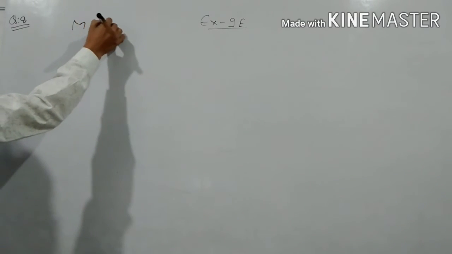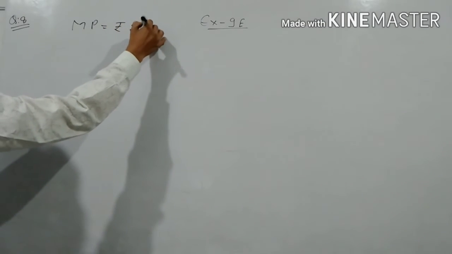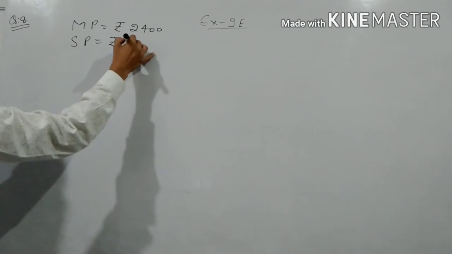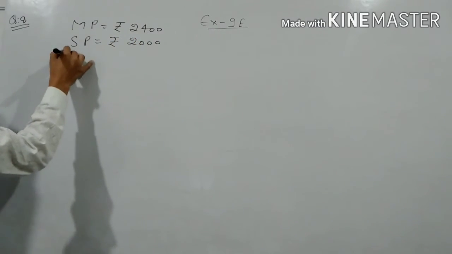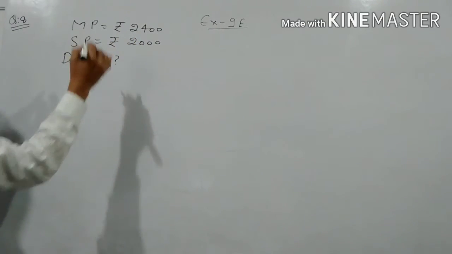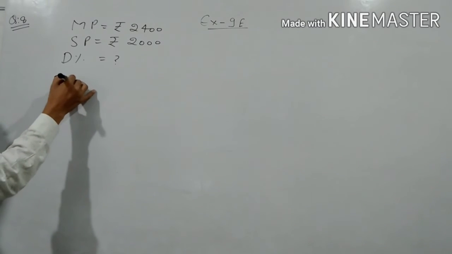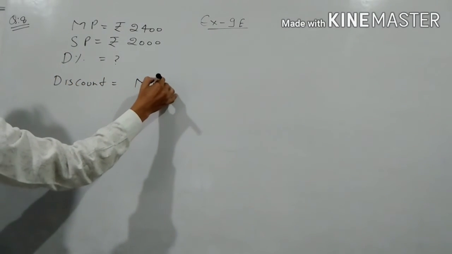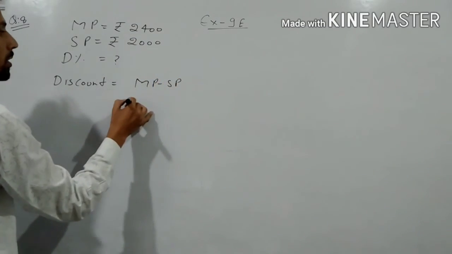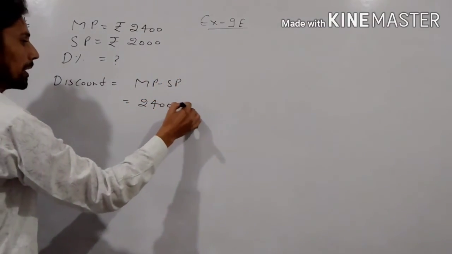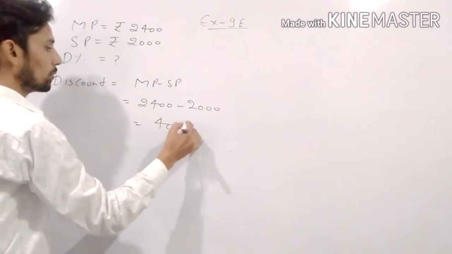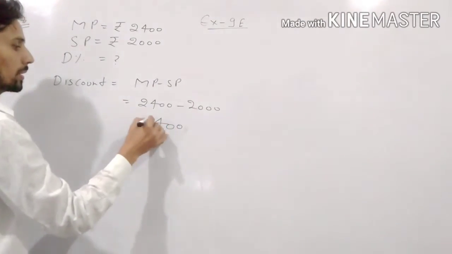It's 2400. He pays 2000 only. So find discount percent. First of all, discount is equal to MP minus SP. 2400 minus 2000, that is equal to 400 rupees.